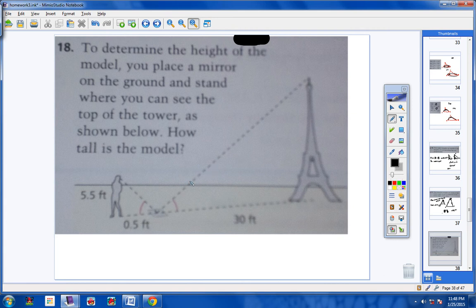Well, look, guys, draw some triangles here. This is a right triangle right here, unless the guy is leaning over. And this triangle here is a right triangle, okay?